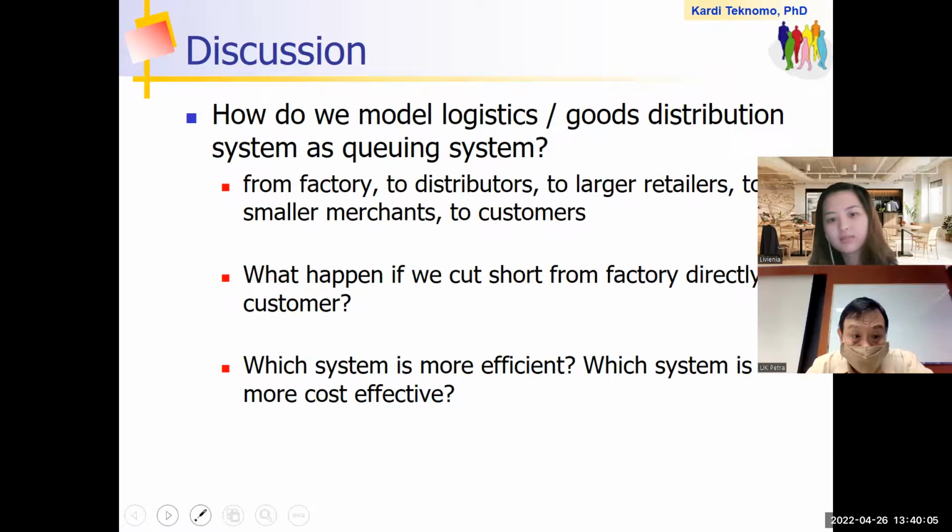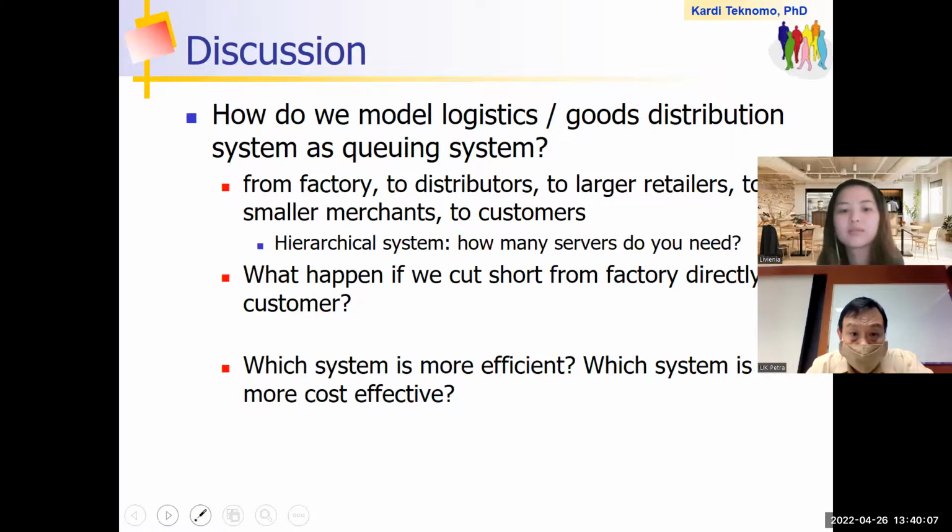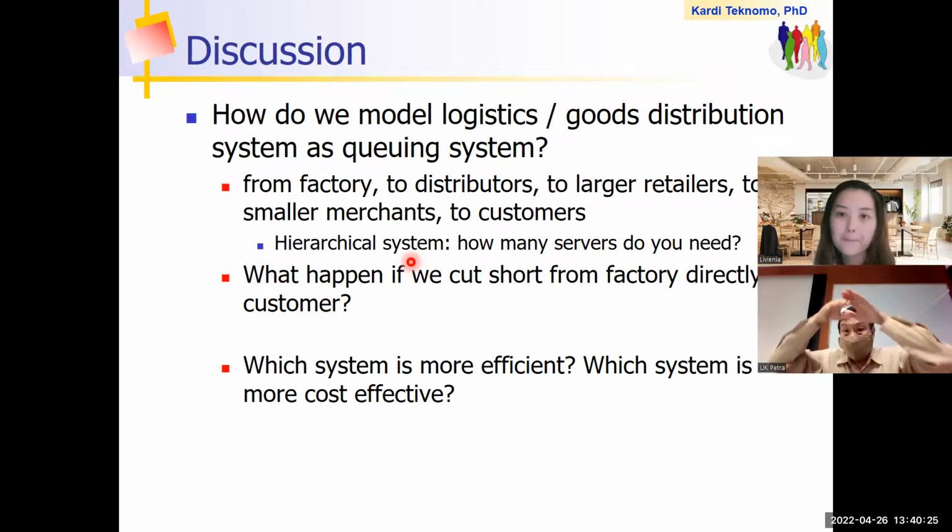This is actually a hierarchical system, isn't it? How many servers do you actually need? Do you need a very long hierarchy, or spreading like this? And what happens if you cut short from the factory directly to the customer?